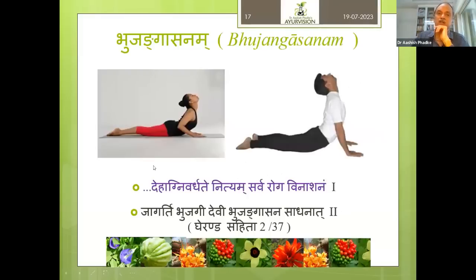Now this is Bhujangasana, and you know how to go ahead in Bhujangasana. There are variations of Bhujangasana. This is the classical one which we follow in most of our institutes, whether it is Kaivalyadham or my institute where I have learned and spent a lot of time, that is Yoga Vidya Niketan, founded by my Guruji, Yogacharya Sadashiv Rao Nimbalkarji, who happens to be a direct disciple of Swami Kuvalayanandaji.